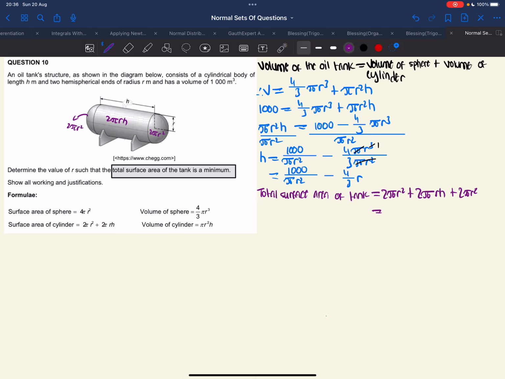So at the end we should have 4 pi r squared plus 2 pi r h.